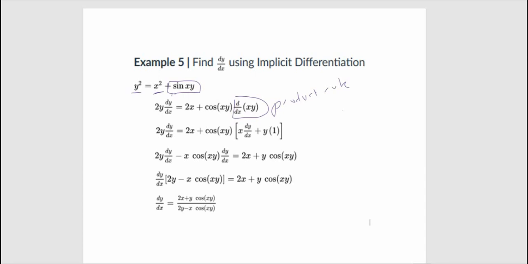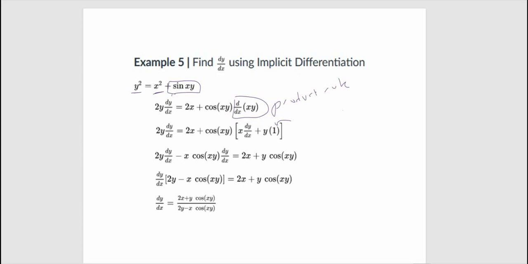So that means we take the first factor, which is just x, times the derivative of the second, plus the derivative of the first one times the second. That was just a mouthful. So the derivative of y would be dy dx, and then the derivative of x would be 1.